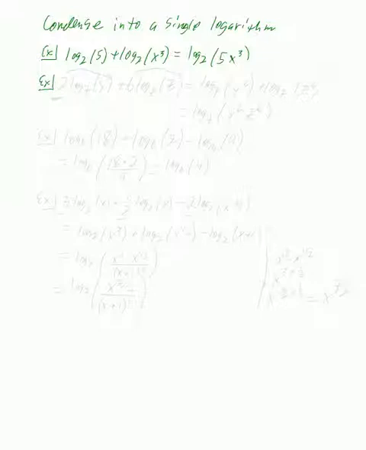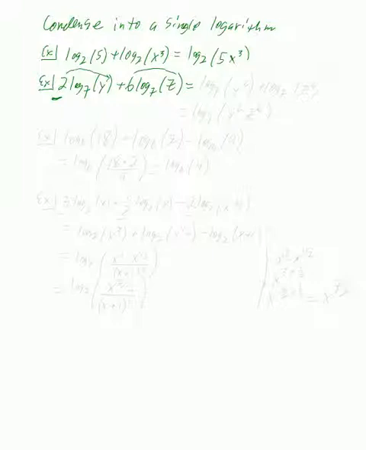Next example. Here I have 2 log base 7 of y plus 6 log base 7 of z. Now rule number 3 is going to apply here. I notice I have the 2 out in front. That's going to move here and become the exponent.